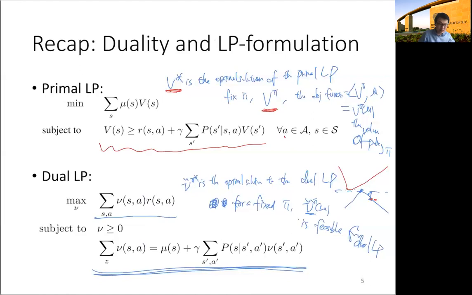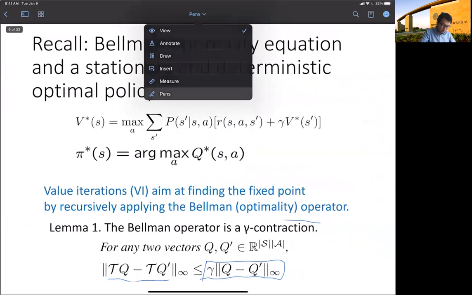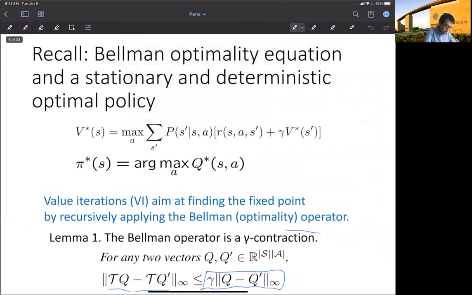So the dual LP is in some sense policy optimization. In this sense, I think the dual LP is more natural, and the primal LP, not surprisingly, is a dual of the dual. All right, so now let me change the color of the pen to this again.